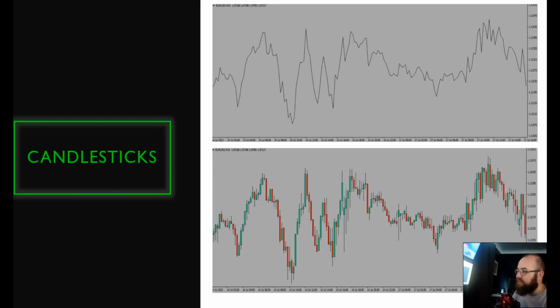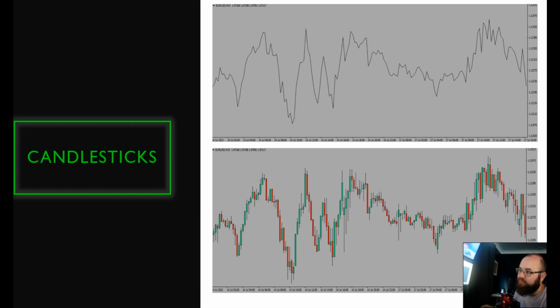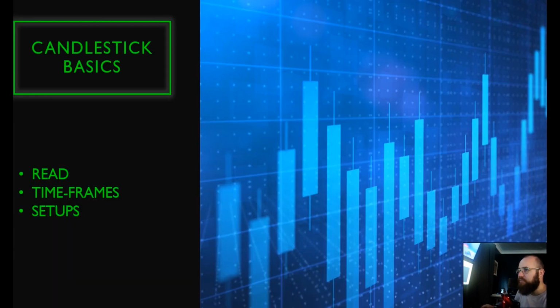And using these Japanese candlesticks, these candlestick charts, can help you to predict that future price direction with greater accuracy, with a greater chance of success. I use candlesticks on a daily basis. I rarely look at a line chart. It's all candlestick charts.